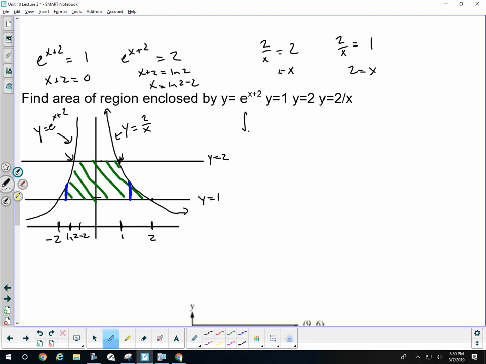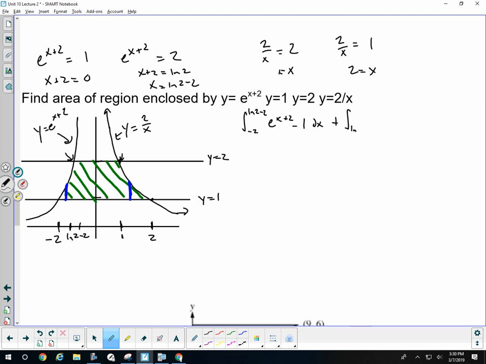The first integral from -2 to log 2 minus 2 is the top minus bottom. The top is the e to the x plus 2 minus the bottom is 1. Okay, good. Then you could consider this a rectangle's worth of area, but let's just use an integral to find it.